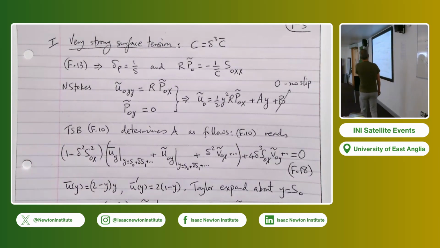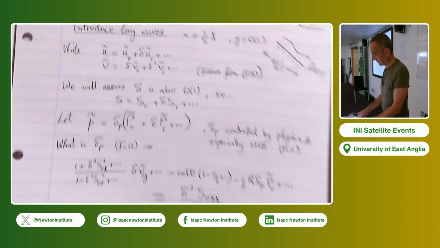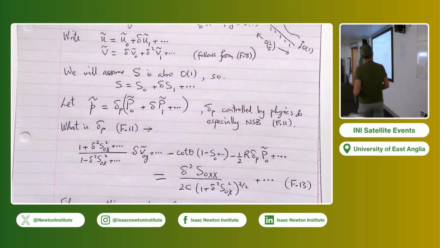So this is the easy problem. So delta P is 1 over delta, and then immediately, remember from my normal stress condition, the only balance will be this equals that.